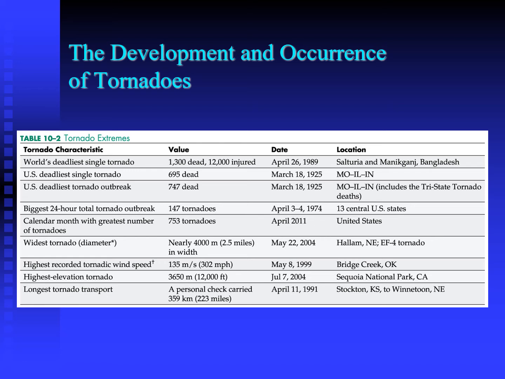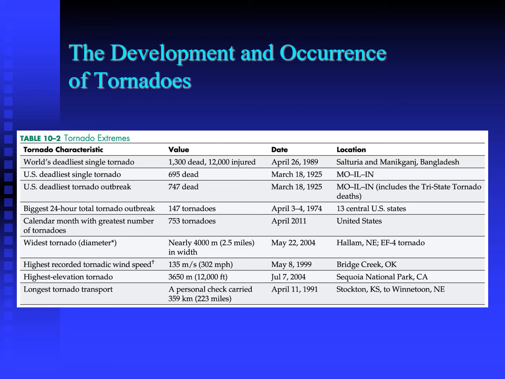The biggest 24-hour total tornado outbreak back in 74. The calendar month with the greatest number of tornadoes, April 2011. 2011, by the way, was probably the worst year for tornadoes in all the years that we've been keeping records of tornadoes here in the United States.